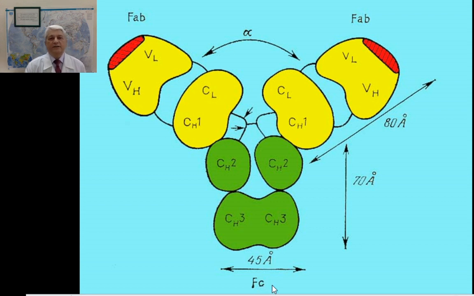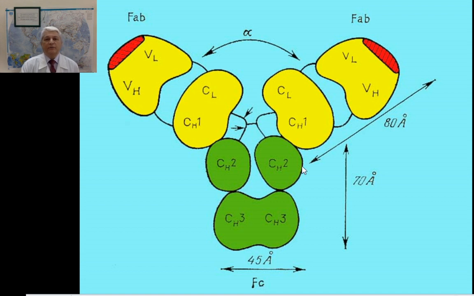Also it is clear, it is FC fragment, the FC part of the molecule of immunoglobulins. This is the hinge region. This line shows the disulfide bond, and as this hinge region is the flexible part of the immunoglobulin, you can simply understand that this angle alpha can be different because these FAB parts can move up and down, up and down.